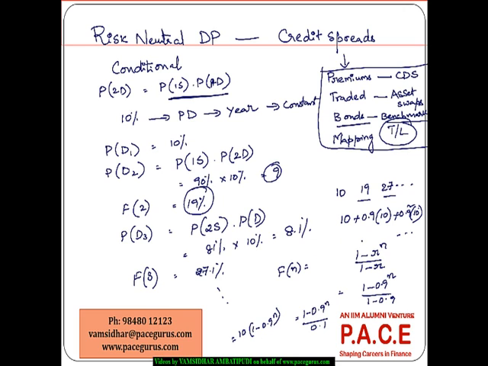Logically, now if I am talking about generalizing this particular formula for a future period u, where I am talking of h being the hazard rate. Now I can look at the same logic.